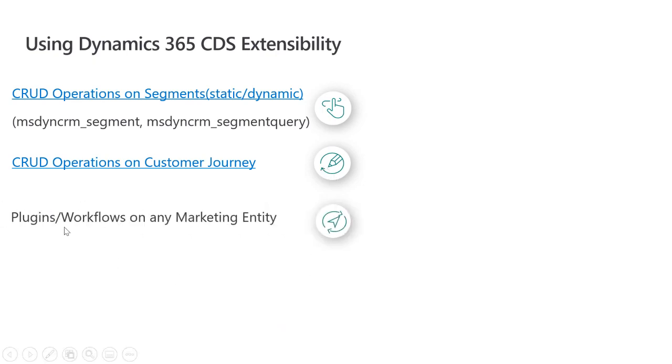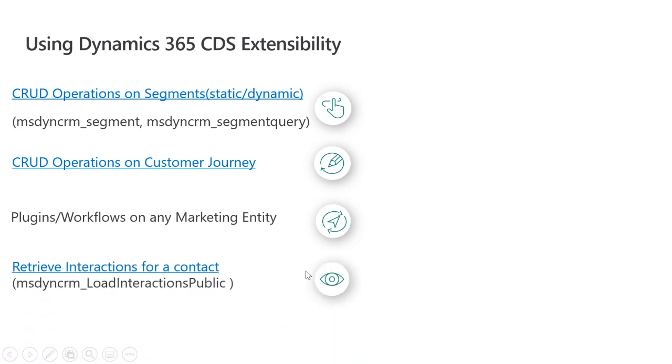So you can use plugins and workflows. This is pretty straightforward, and this could be important. There is an action which is called load interactions public. It can be used to retrieve interactions for a contact programmatically. Okay, this action is really useful for responding to some requests, especially the get my data requests, in order to fulfill GDPR compliance.